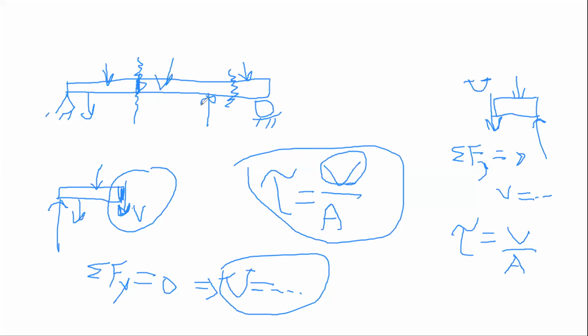And F depends on the problem. Maybe this is F1, this is F2, this is maybe F3, but we need to find the force in the section, that's the shear. In the textbook, it writes P over A, but right here, V over A.